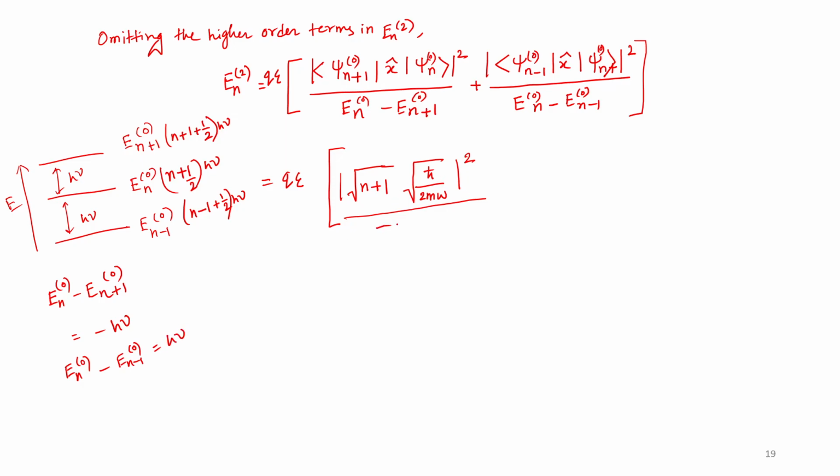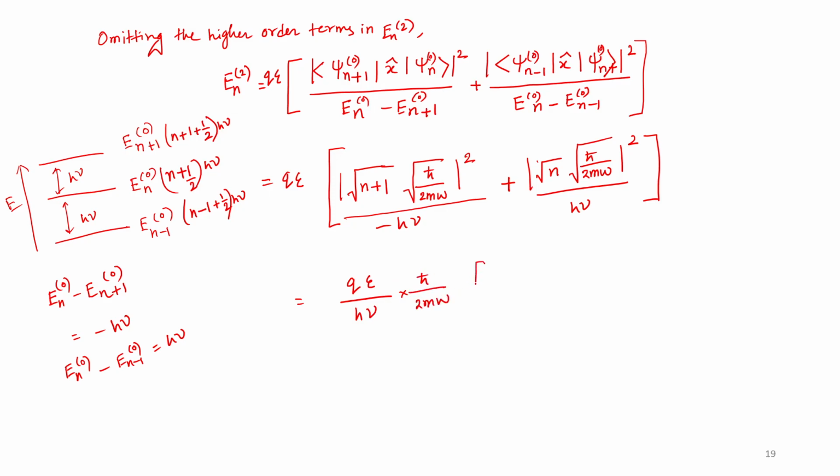So this is minus h nu plus, it was root n, h squared by 2m omega, squared by h nu. When we take some terms common, we'll see, give us n minus 1 is minus q epsilon.